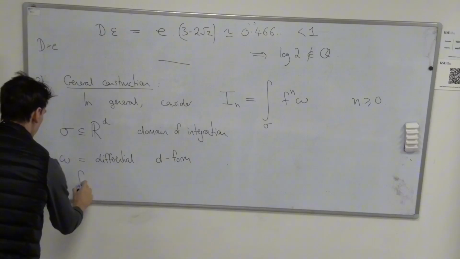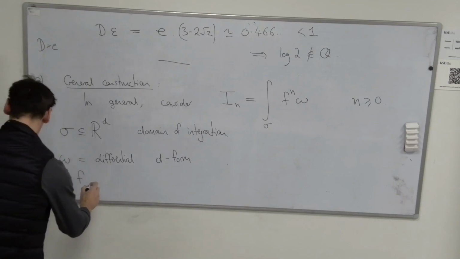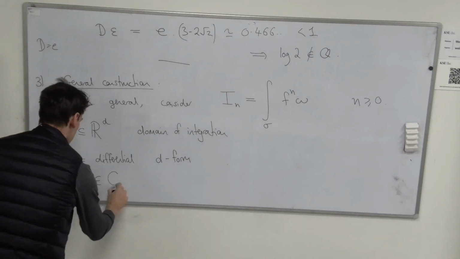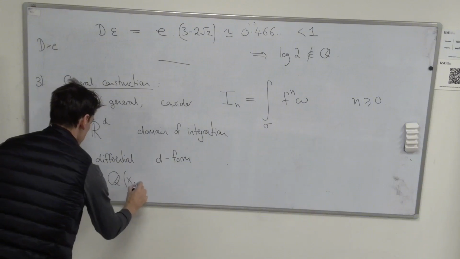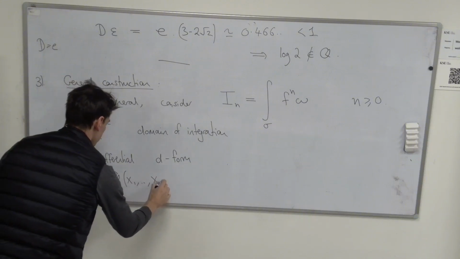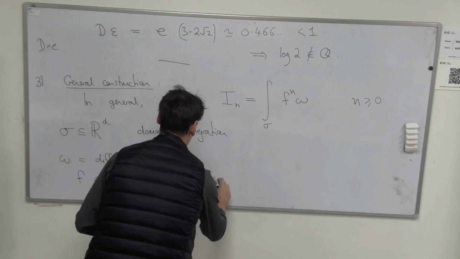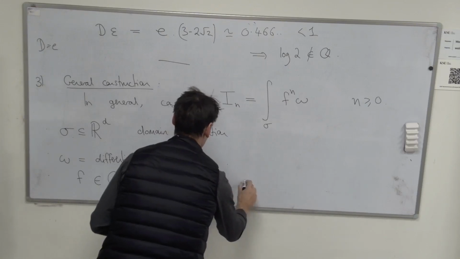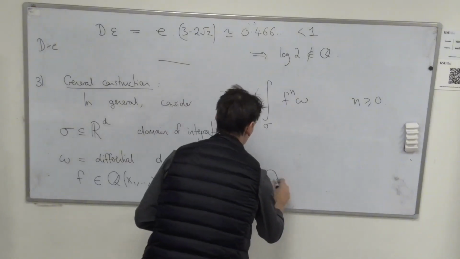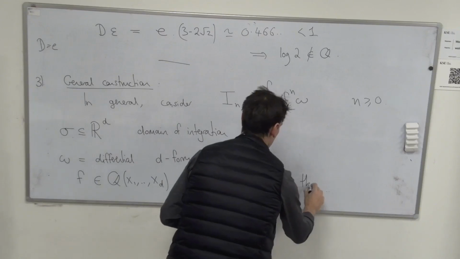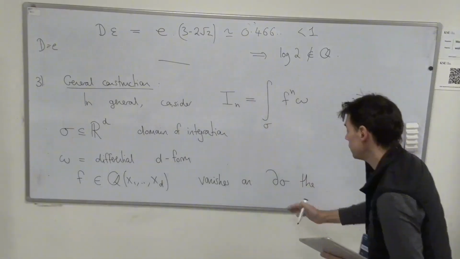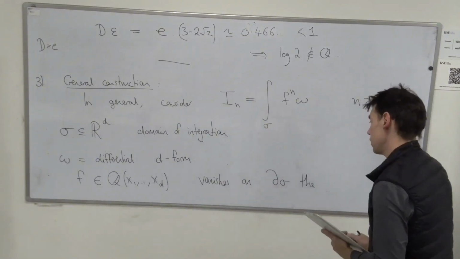And we're going to take f to be a rational function. And it's nice to ensure that f vanishes on the boundary. You don't have to have this, but this makes life better.